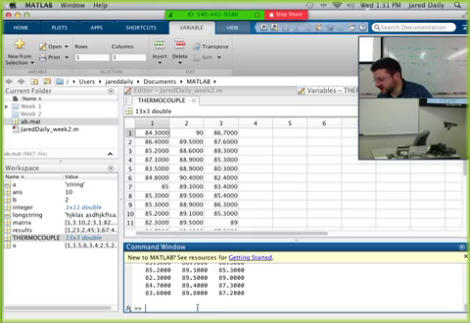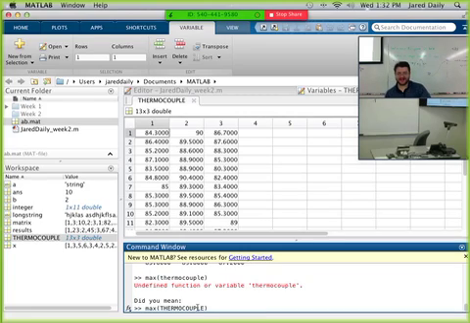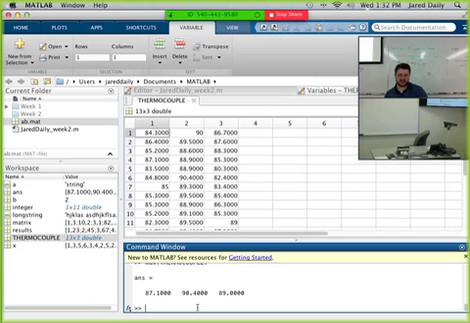Start using some of these functions that I've used. So for example, what are some of the things we've learned so far? I want to find the maximum in thermocouple, right? It doesn't like that because I did all lowercase, and this is case sensitive, so it changes it for me.